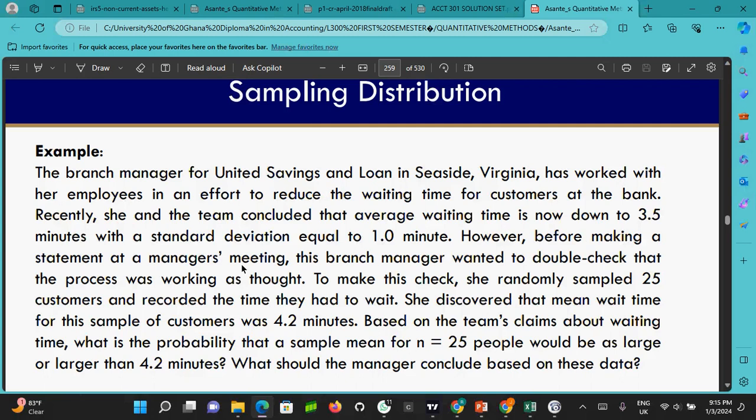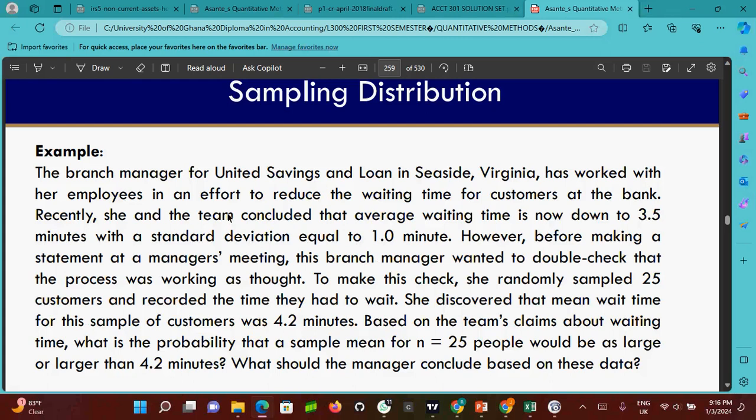Before making a statement at a managers meeting, she wanted to double check that the process worked as thought. To make this check, she randomly sampled 25 customers and recorded the time they had to wait. She discovered that the mean wait time for this sample of customers was 4.2 minutes.